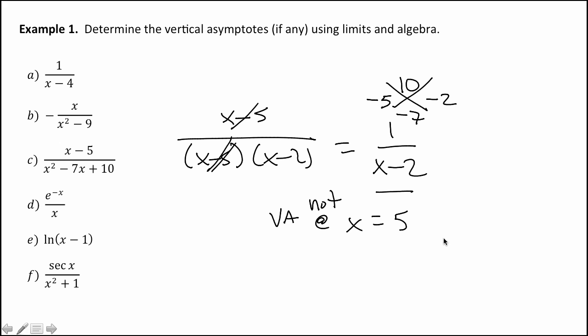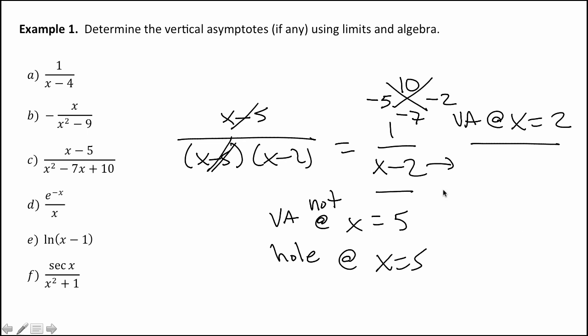You have what is called a hole at x equals 5, because it canceled. However, we do have a vertical asymptote at x equals 2.